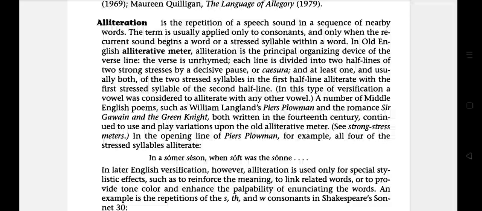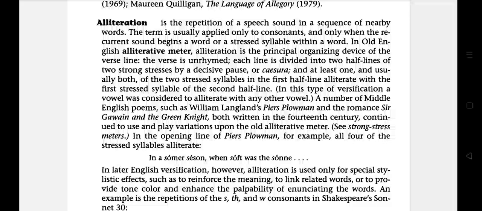In Old English alliterative meter, alliteration is the principal organizing device of the verse line. The verse is unrhymed. Each line is divided into two half lines of two strong stresses by a decisive pause, and at least one and usually both of the two stressed syllables in the first half line alliterate with the first stressed syllable of the second half line.